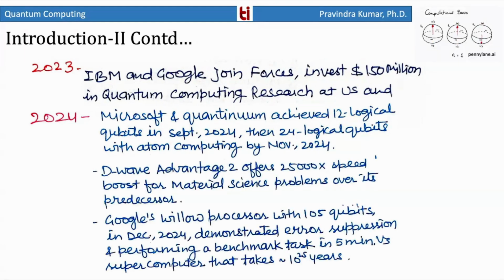Also, Google presented a computer with 105 qubits in December 2024 and demonstrated error suppression, performing a benchmark task in 5 minutes versus a supercomputer that would take around 10 to the power 25 years.